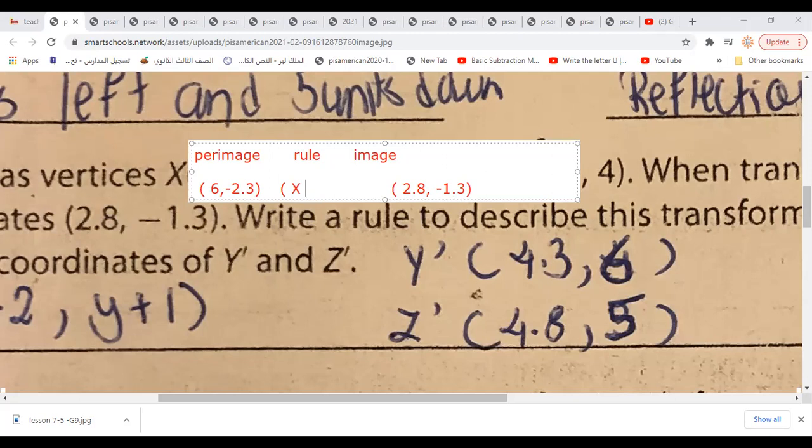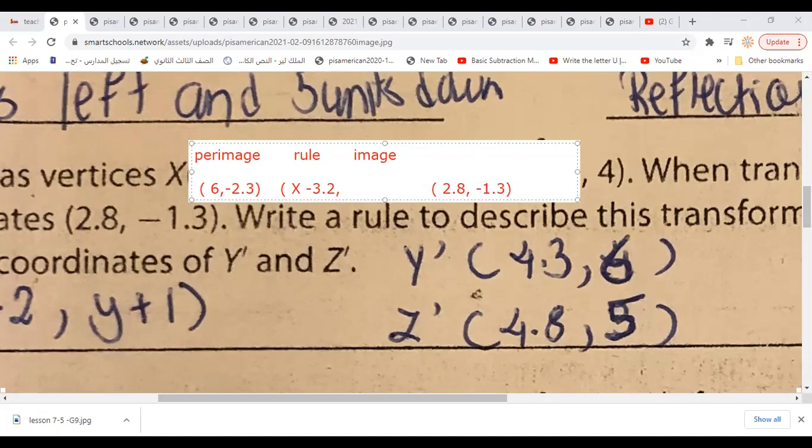Then 2.8 minus 6 will be negative 3.2. I'm sorry, yes, negative 3.2.